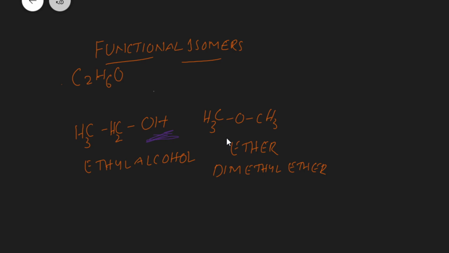So what is same here? Again, the molecular formula is the same, but the difference arises because of the functional group. The nature of the functional group is different. Therefore, you can say these are functional isomers. Such constitutional isomers having the same molecular formula but a difference in functional group are called functional isomers. Many examples we can quote, but we will restrict to one here.